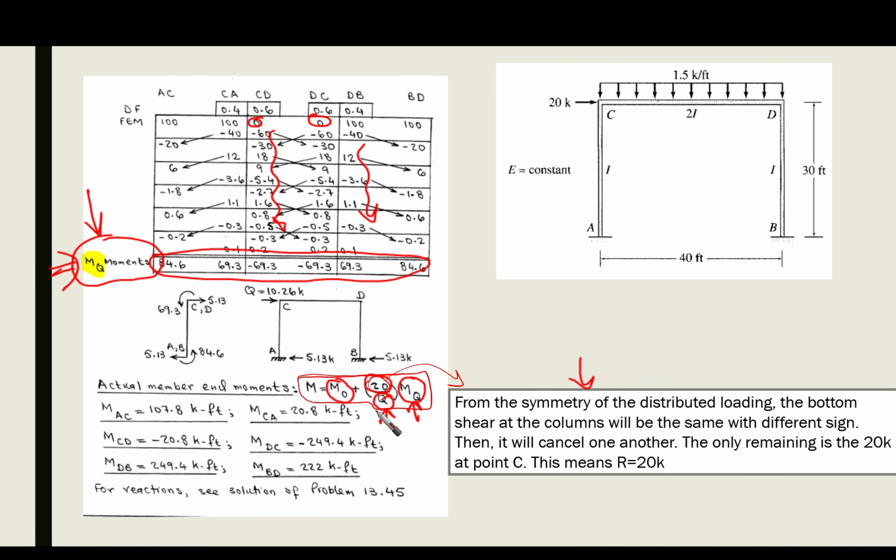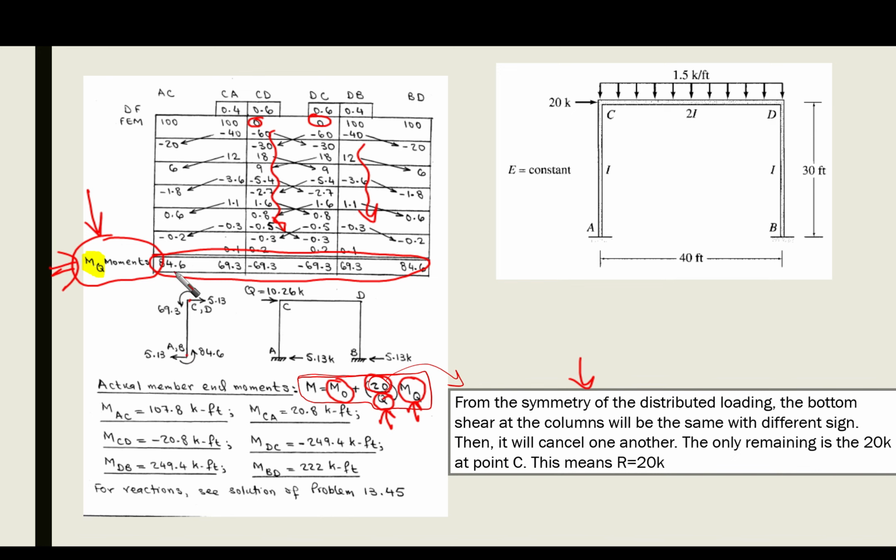How can we obtain Q? It is from the same strategy that we have explained before, looking at the bottom shear of the column. So we are going to take the column and separate it here and put on the bottom and the top the moments that are going to be applied.